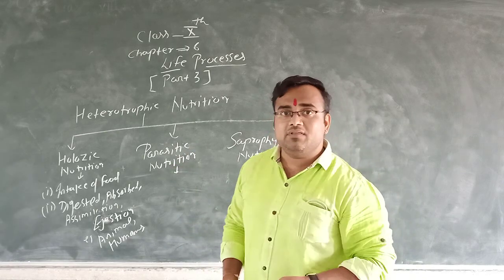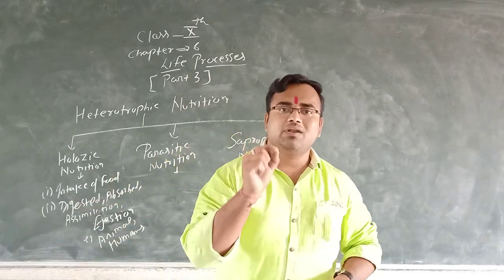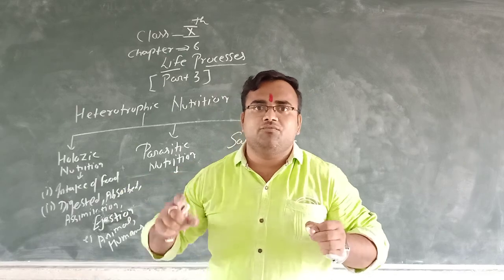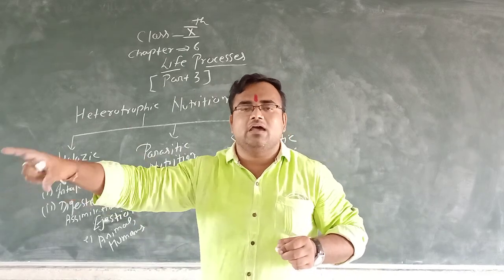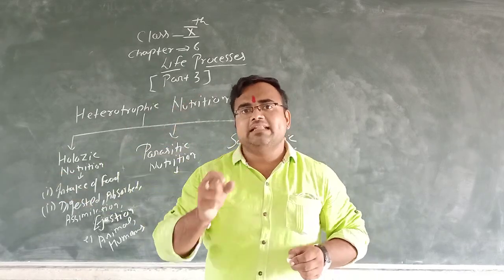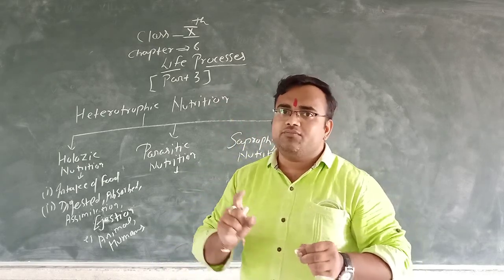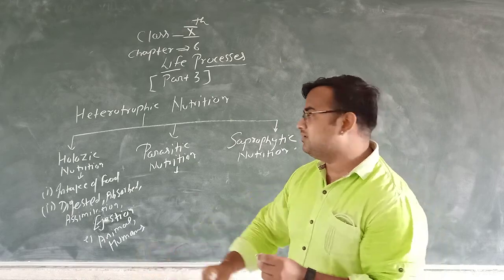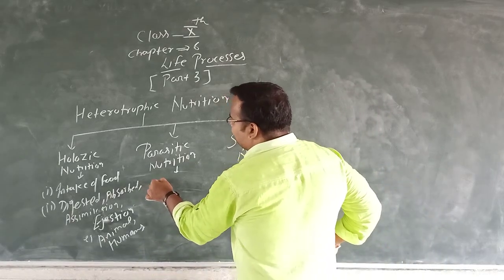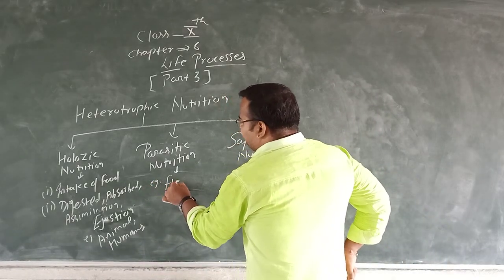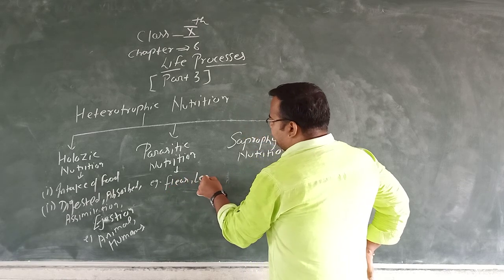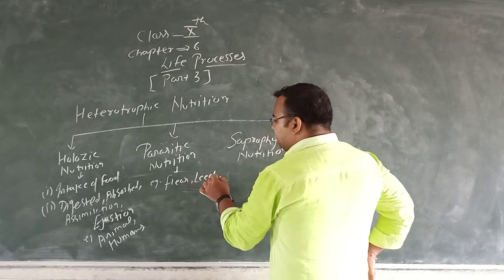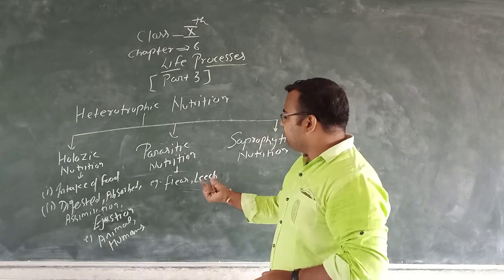Parasitic mode of nutrition means what? It is the nutrition in which organisms take their nutrition from another living organism. Any living organism that takes its food or nutrition from another living organism is known as parasitic mode of nutrition. Examples for parasitic mode of nutrition are fleas and leech.